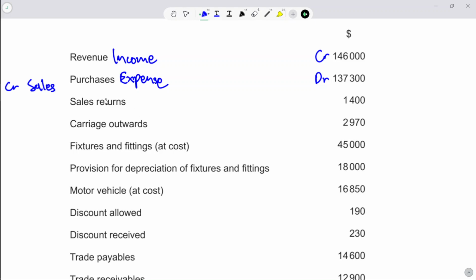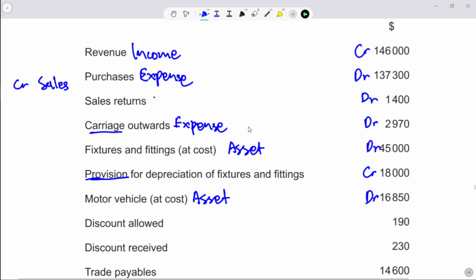So sales return we debit. Carriage outwards is an expense, so we debit. This one is an asset, an item, so it's debit. Provision will be credit. And motor vehicle is an asset, so this one will be debit.